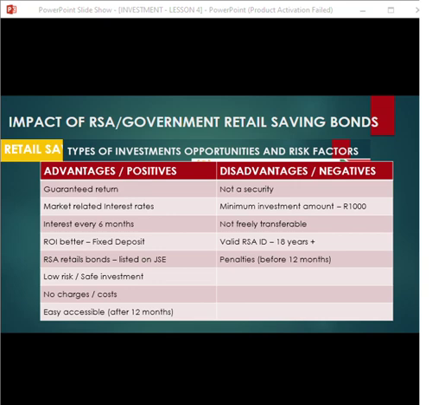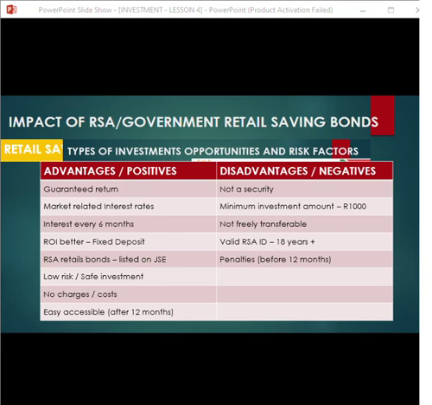Your interest is normally higher than your fixed deposit, so your return on your investment is better than your fixed deposit due to the higher interest rate. Retail bonds are listed on the capital bond market or on the JSE, so it's listed, which is an advantage.